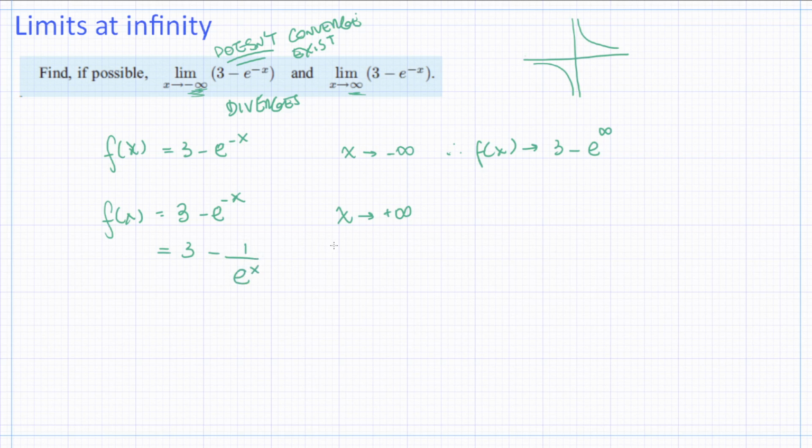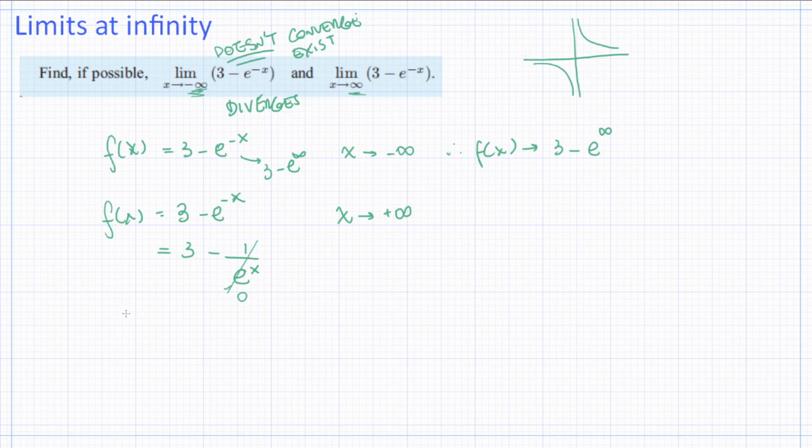And you can easily see that if this exponent here is positive and increasingly positive, this will approach 0, right? Because you're dividing 1 by something which is larger and larger and larger. In this case, it was exactly the same function. However, I was approaching negative infinity, which would flip this up, and I would have e to the power of infinity. And then, well, 3 minus e to the power of infinity, it doesn't make sense. And it diverges. But in this case, this will go towards 0.